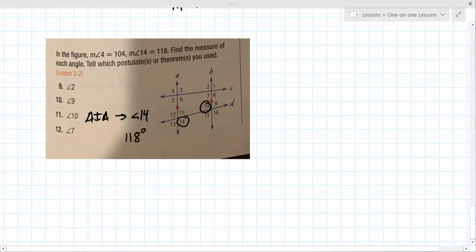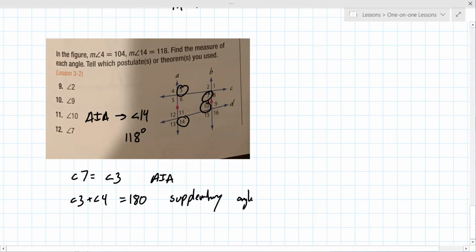Okay, so now we're going to look at angle 7. Angle 7 is equal to angle 3 by alternate interior angles. We know that angle 4 is here next to it, so angle 3 plus angle 4 add up to 180 by supplementary angles.